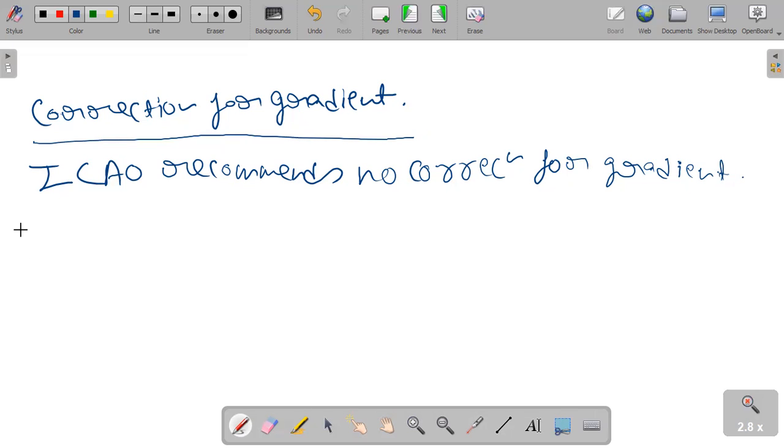Then who recommends? Then FAA recommends. FAA means Federal Aviation Authority.